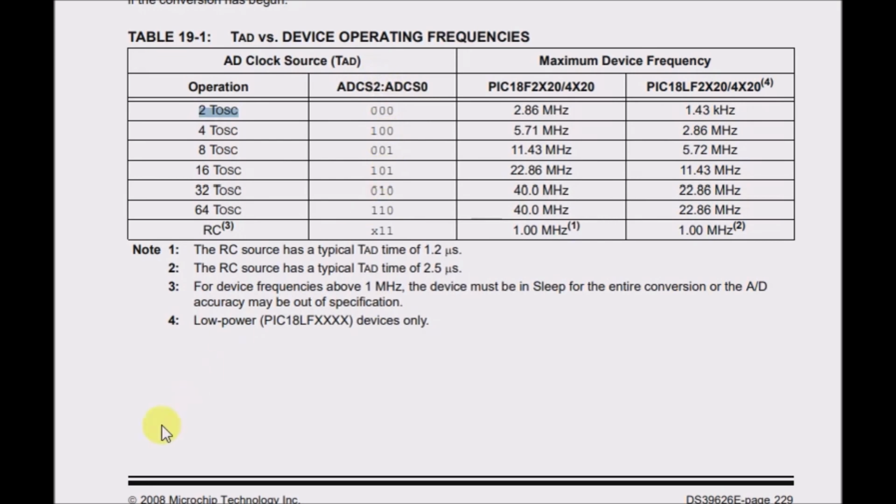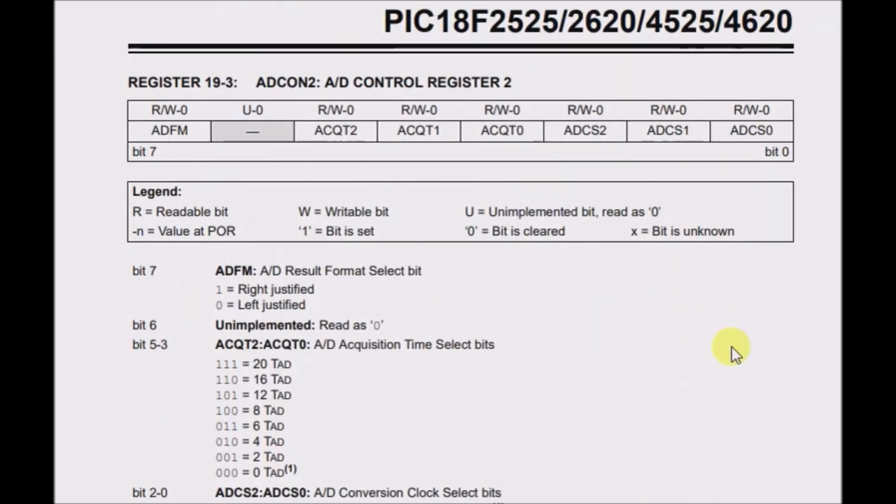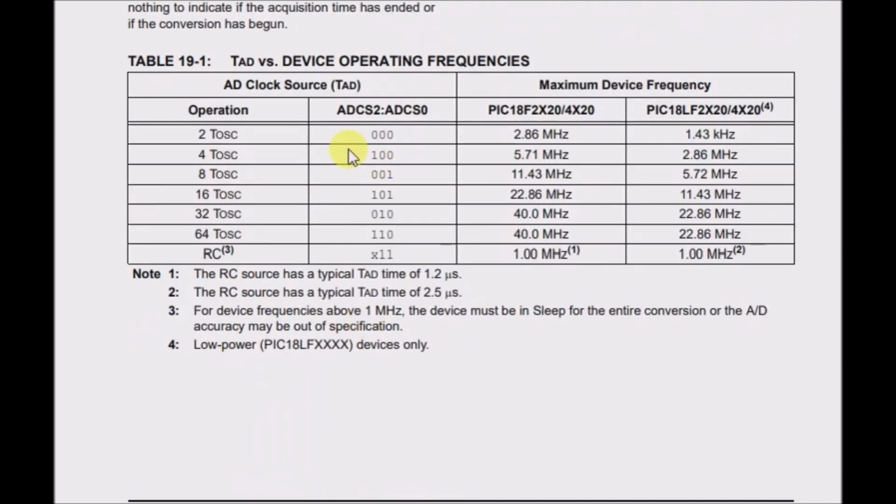ADCS2 to ADCS0. I scrolled back up the page just to point out that this ADCS2 to ADCS0 appears in the ADCON2 register, and it shows the different configurations, zeros and ones.